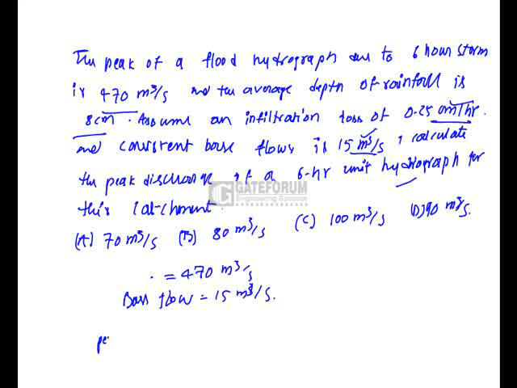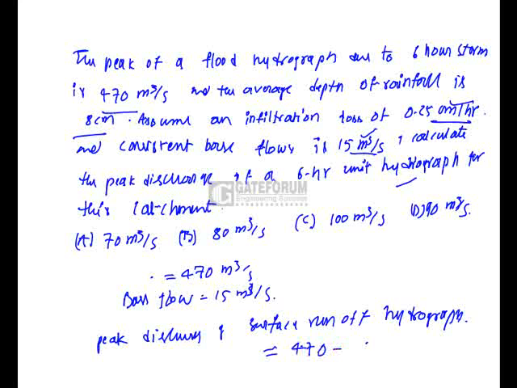The peak discharge of the surface runoff hydrograph is the discharge of the flood hydrograph minus base flow, that is 455 cubic meters per second.